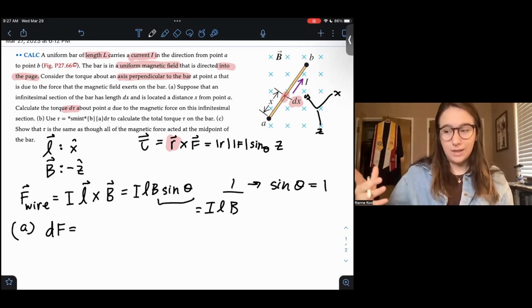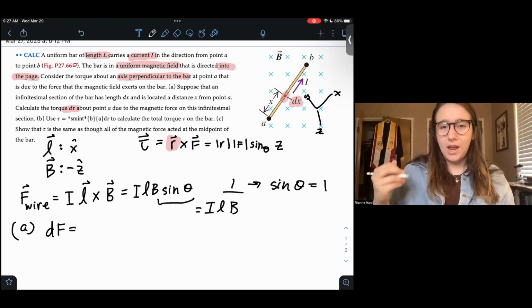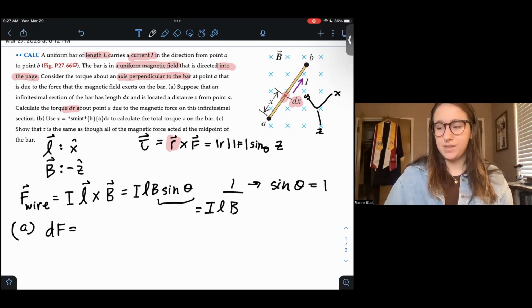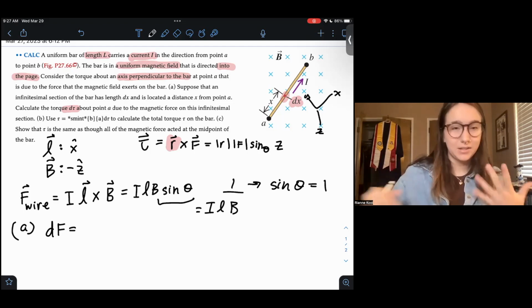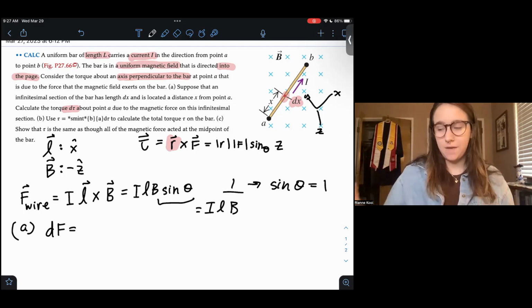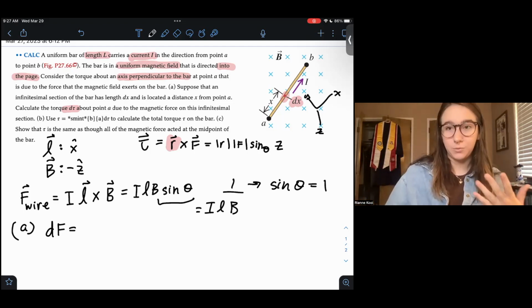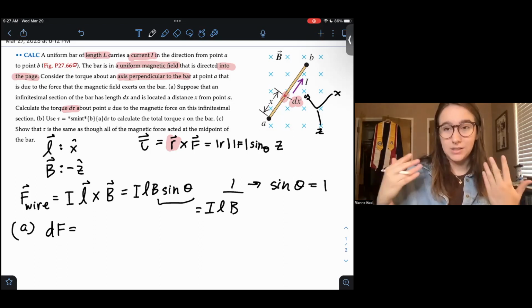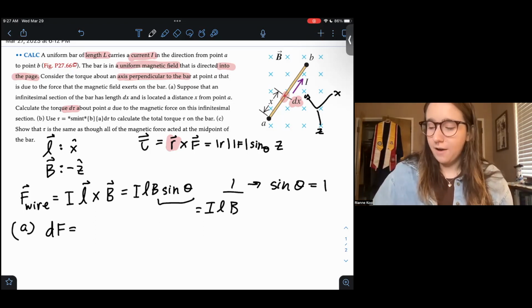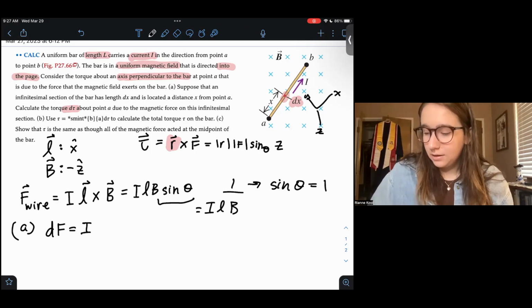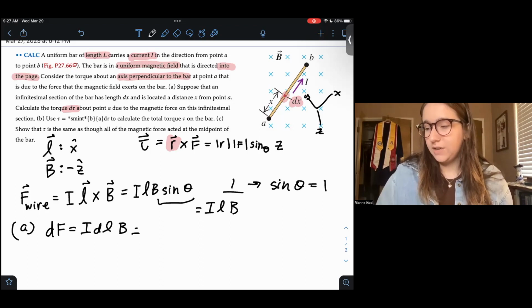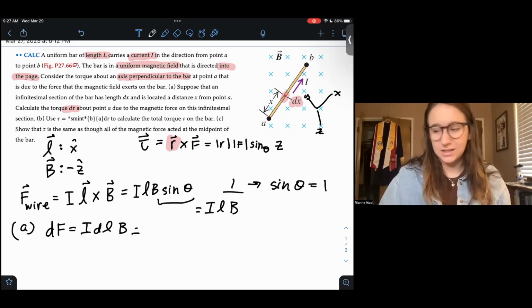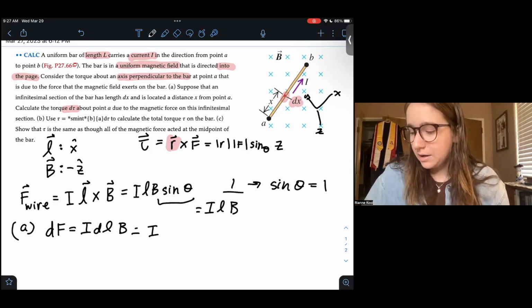So the only thing that we're left with is L. And maybe that was a bit obvious for some of you because it has dx in it, and that is what we're going to be using. But if you weren't so sure, that was the only thing left that isn't constant. So our dF can be written as I dL B, or since we are given an actual value dx, let's write it as I B dx.